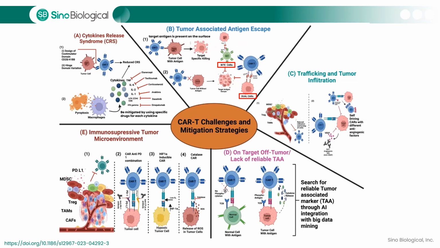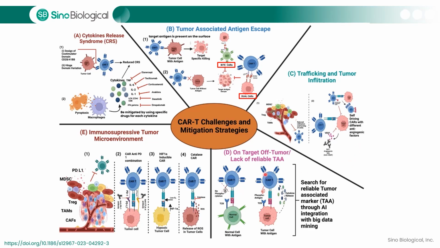Reduced homing of CAR-T cells to the tumor microenvironment, due to the presence of different cellular components including MDSC or Treg cells, can be observed in the clinic. To improve homing of the CAR-T cells to the tumor microenvironment, we can consider using armored, anti-tumor, anti-angiogenic CARs, as well as self-driving CARs, which express multiple anti-angiogenic factors.